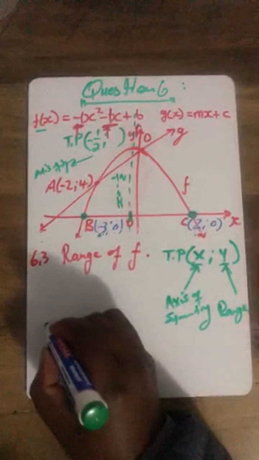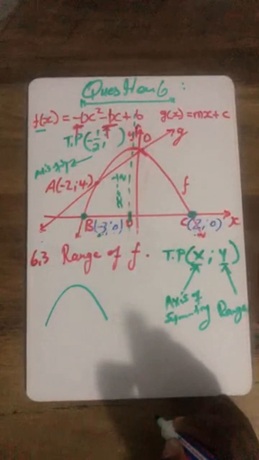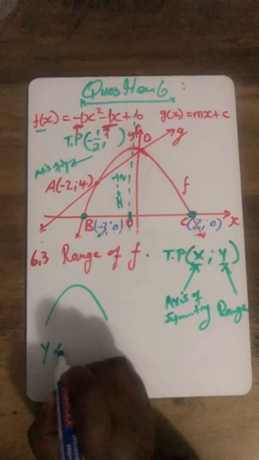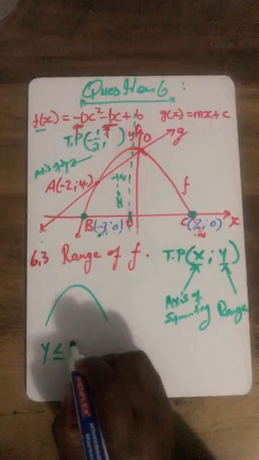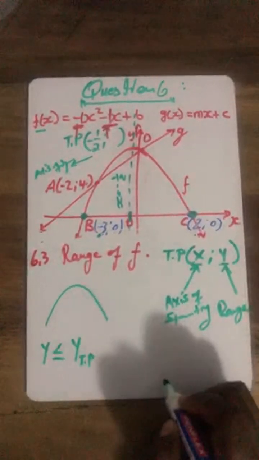And if you have a sad shape, you will always say y is less than or equal to the y value of the turning point.